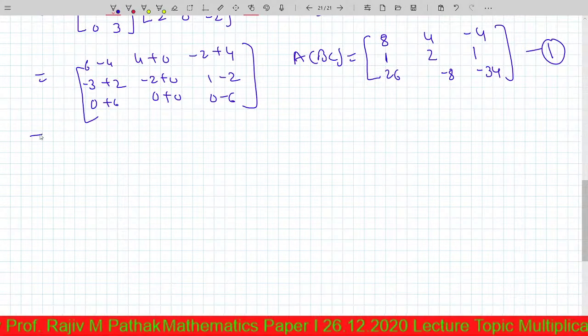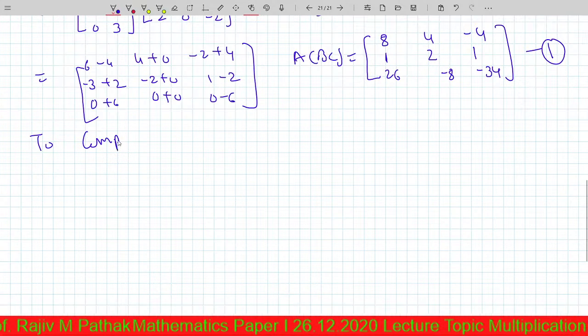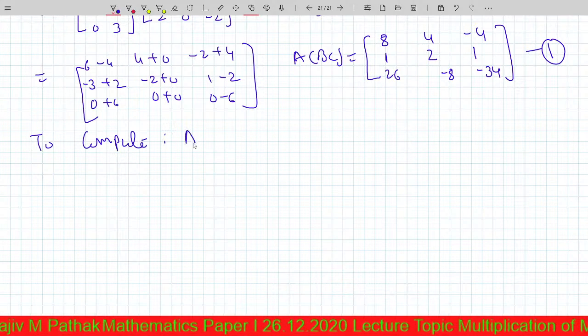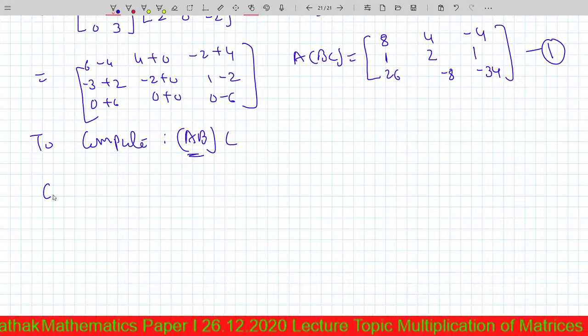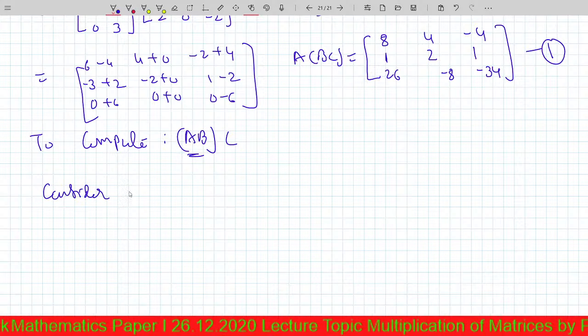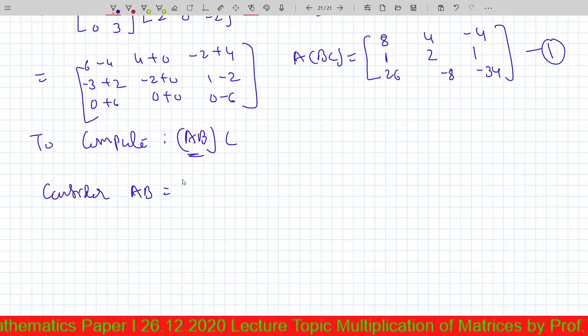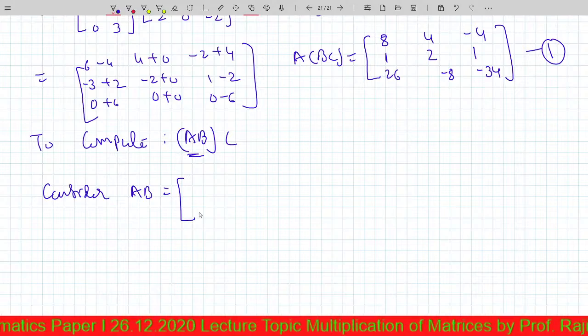To compute AB into C, first we need to compute AB. So consider AB. What is A?